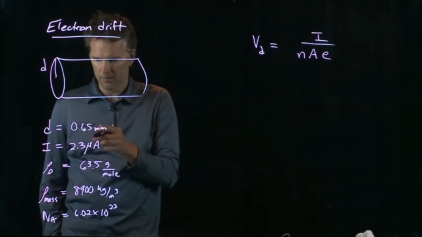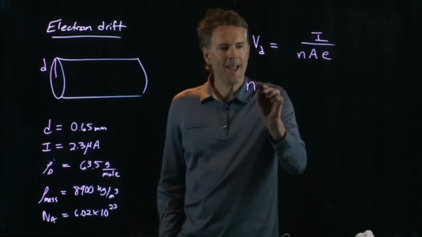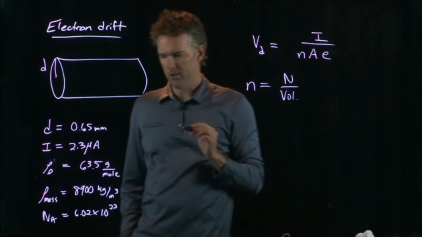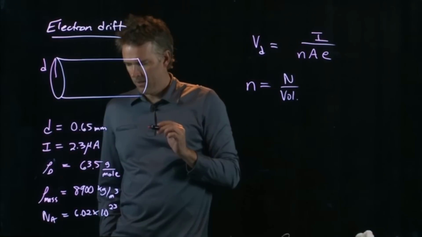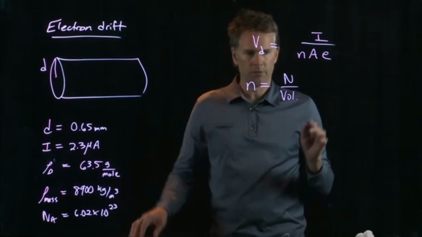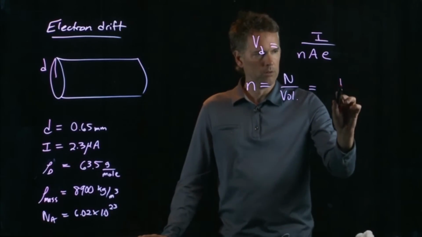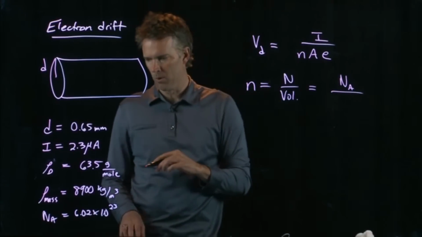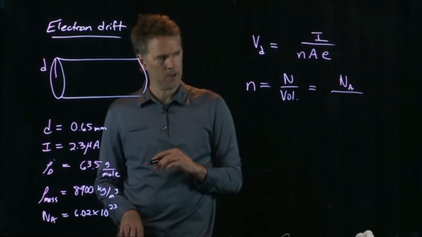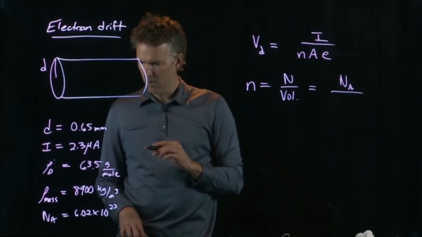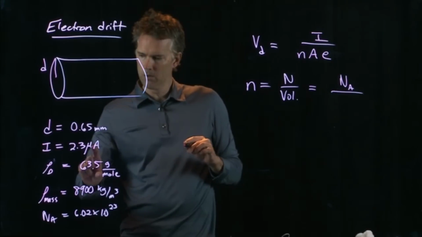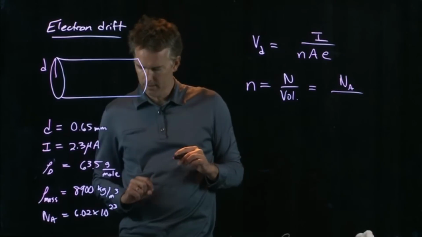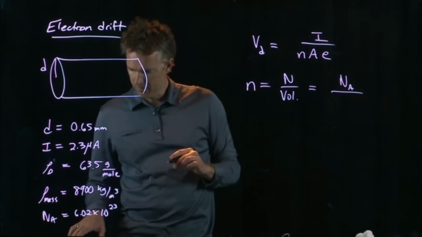Little n is going to be how many charges there are in a given volume. We know how many charges are in 1 mole, so if we can calculate the volume of 1 mole, then we'll have it. And the volume of 1 mole is going to be related to the mass density and the molar density.